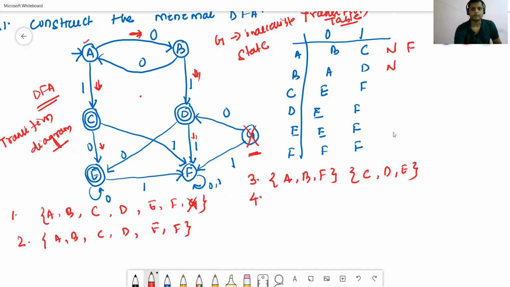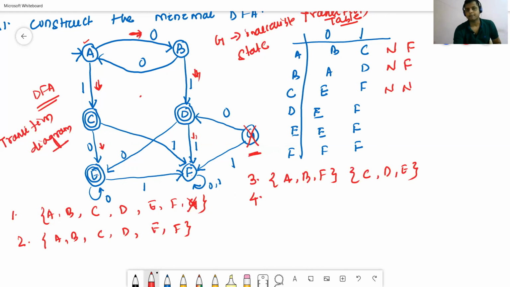C reads 0, goes to E, a final state. F reads 0, goes to F, a non-final state. F reads 1, goes to F, a non-final state.